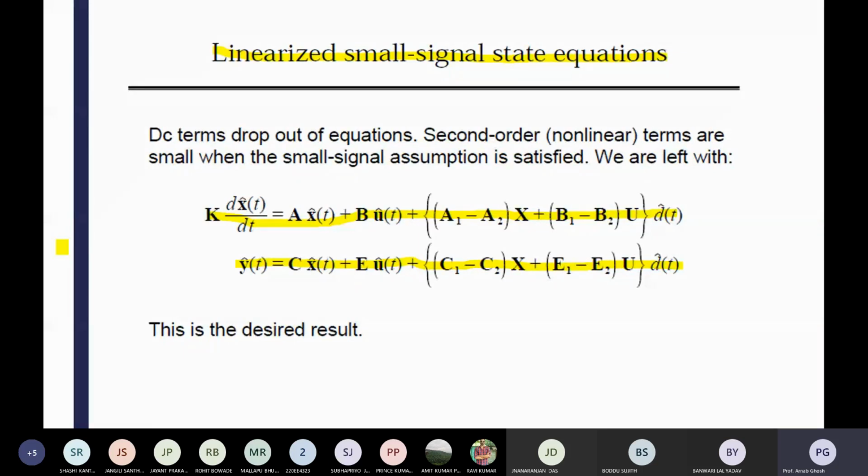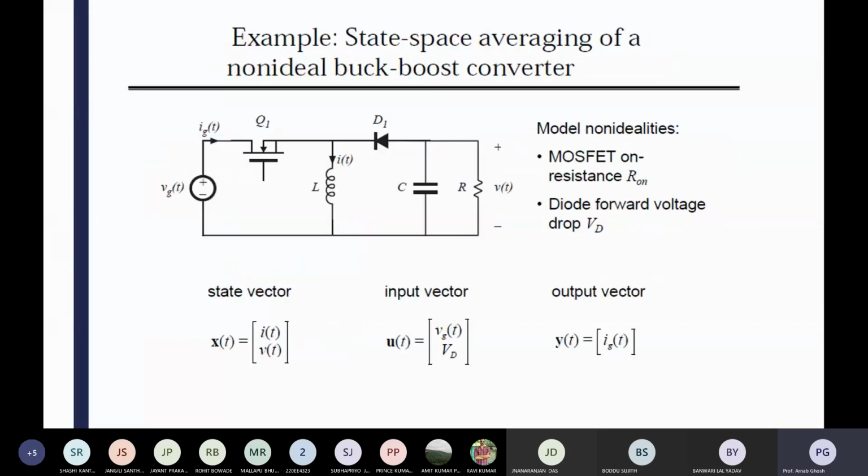Here you can see the buck boost converter we are considering, with input current Ig, which is your inductor current. The rest of the parameters are the same, if you followed my last class. The state vectors are the same, these are the state vector.